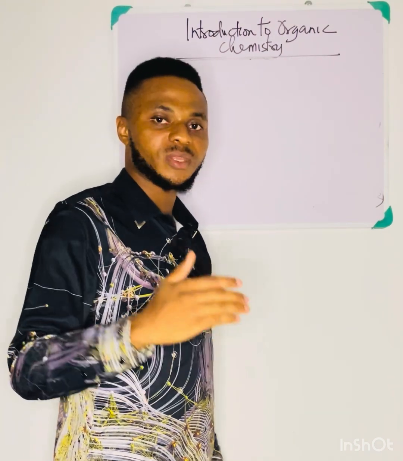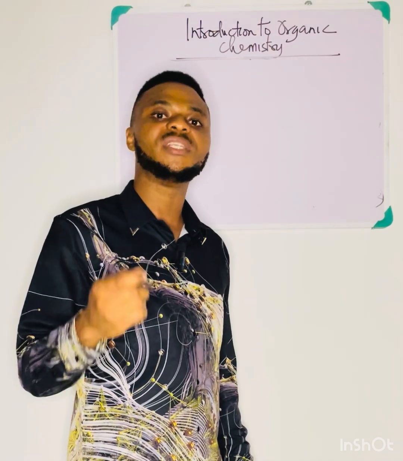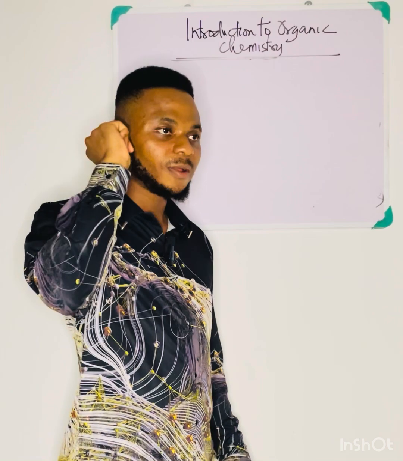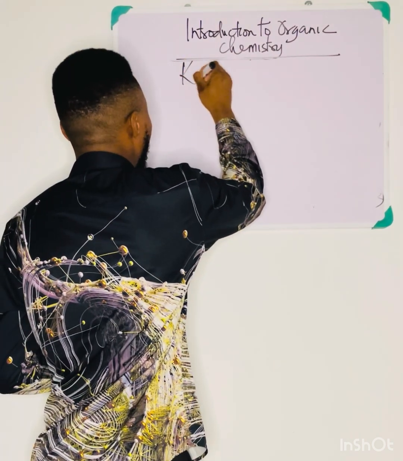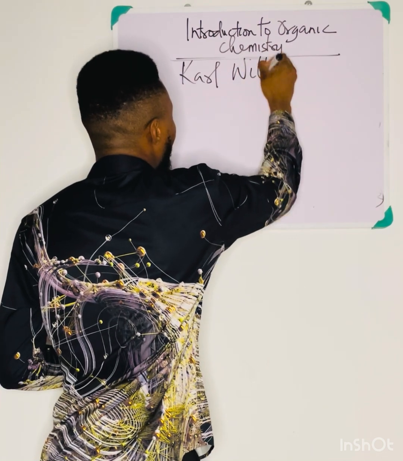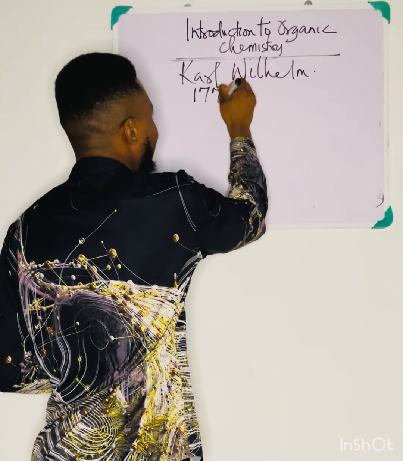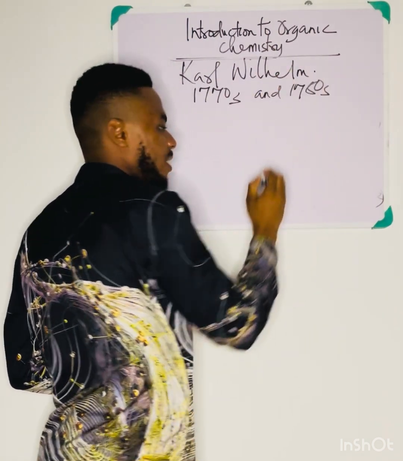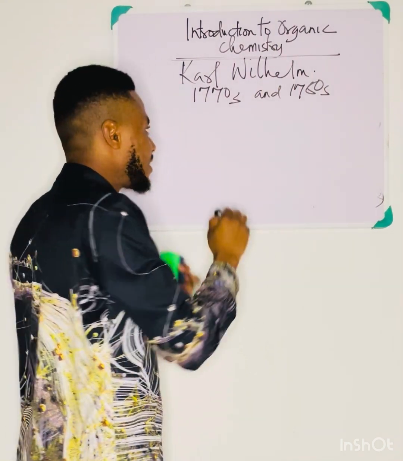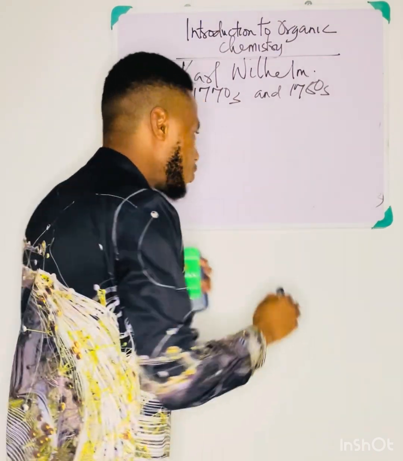Now, in the late 1700s, the 1770s and 1780s precisely, a Swedish scientist known as Carl Wilhelm isolated two compounds which happened to be organic compounds.